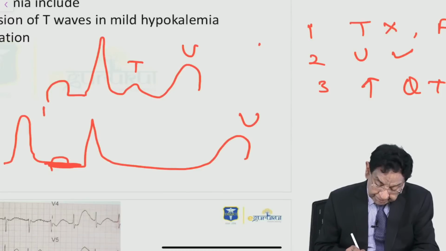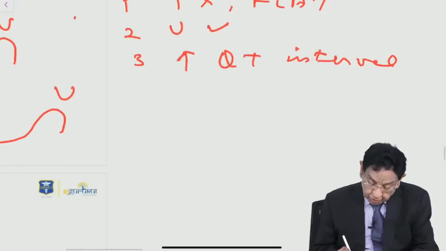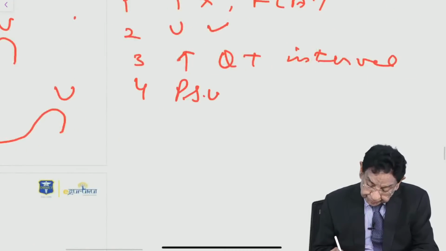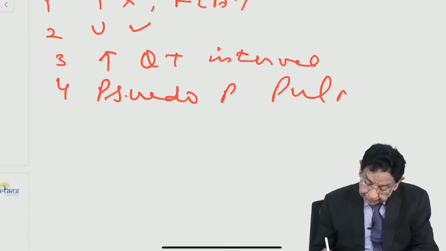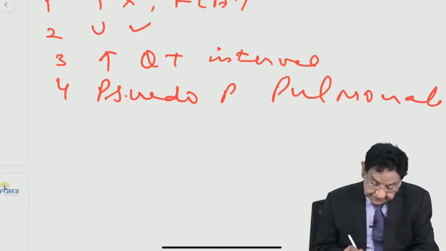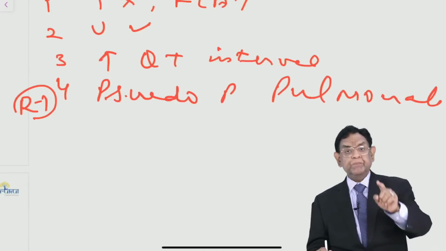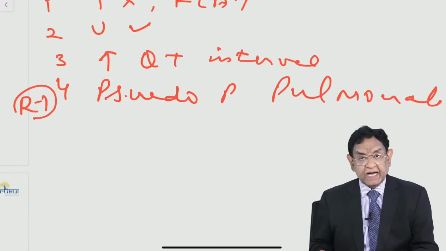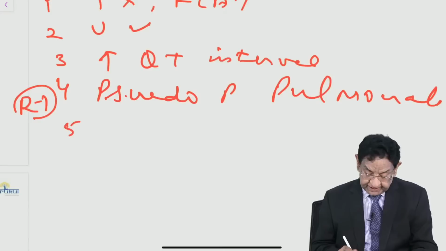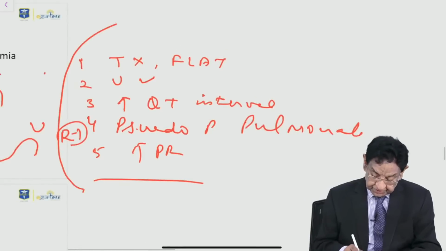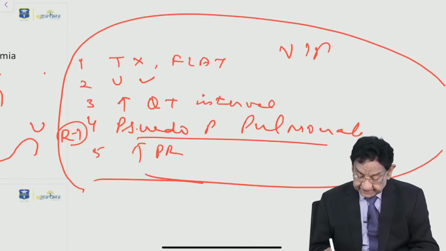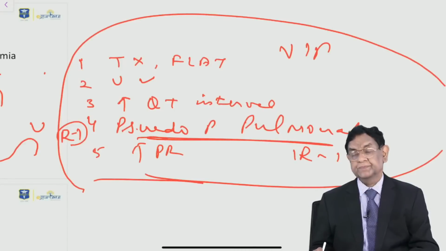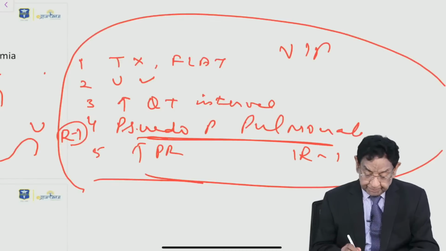This is pseudo P pulmonale, a rank 1 question: tall P wave without right atrial enlargement. And finally, prolonged PR interval. Very, very important question. Don't forget, VIP. And this line is a rank 1 question. Okay, this is the hypokalemia finding.